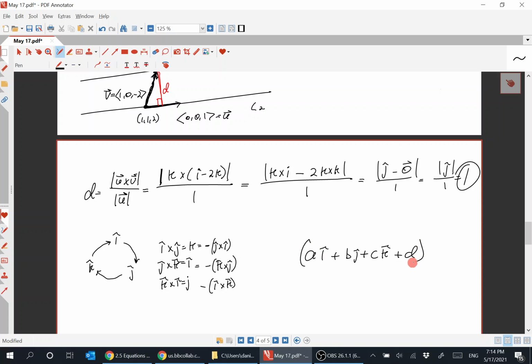And then when you want to multiply two of these guys together, you just use this distribution property and this cross product mnemonic here for i, j, and k. And then i cross 1 is just i, of course. Right. So, yeah, that's how cross product goes into 4 dimensions.